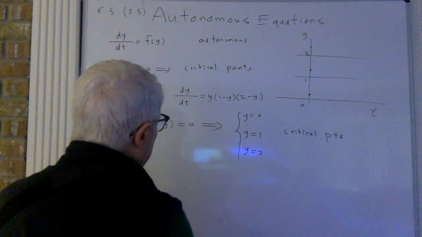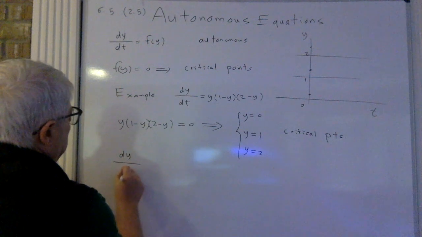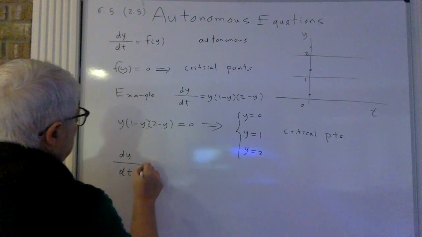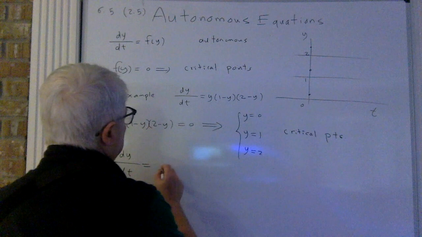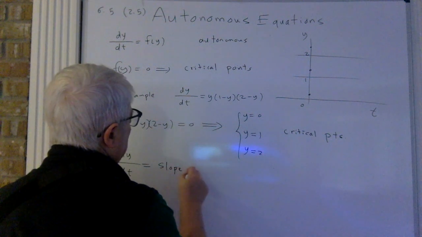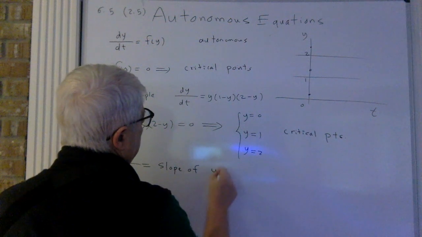So let's look at this. dy/dt, what is this? This is in fact slope, the slope of the function y(t).